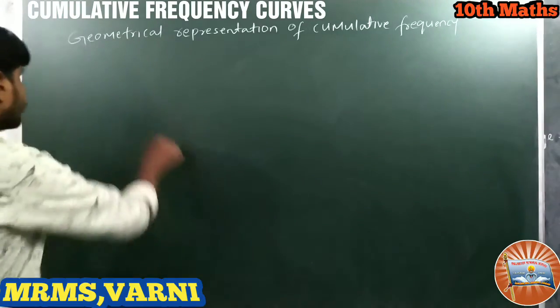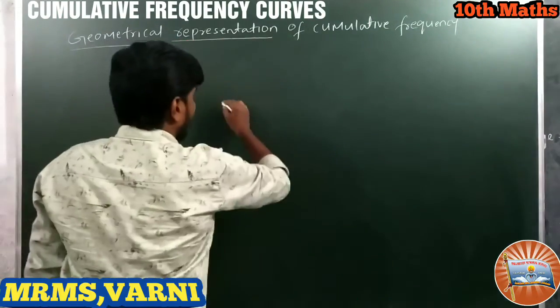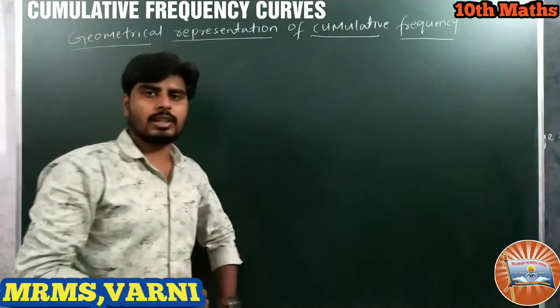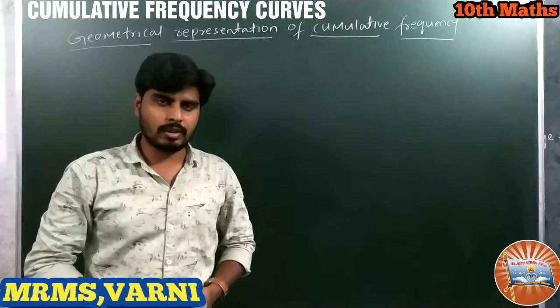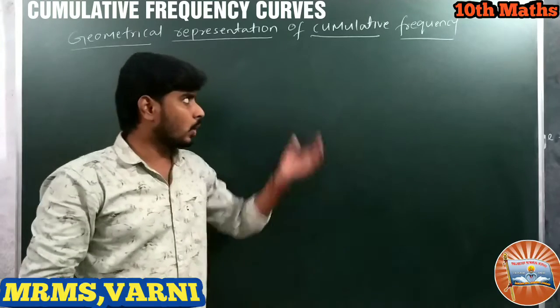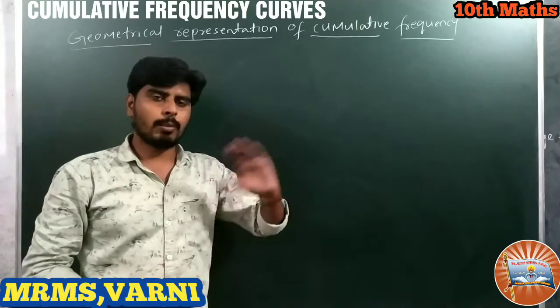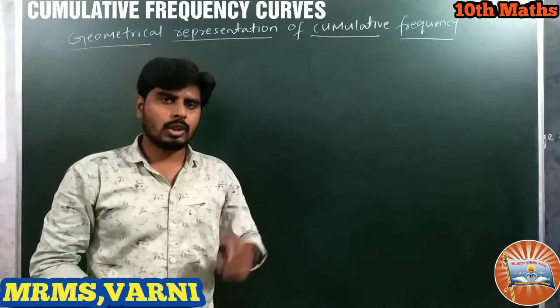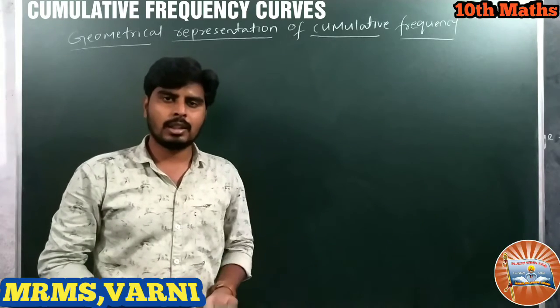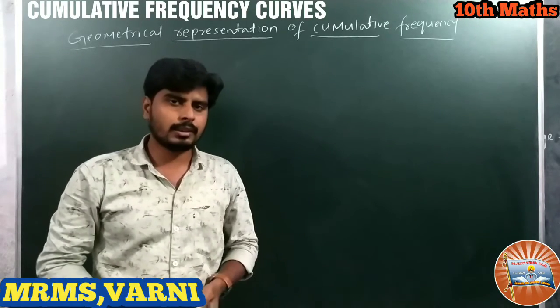So, as we know, cumulative frequency is of two types, less than type cumulative frequency and more than type cumulative frequency. So the geometrical representation is nothing but we plot the graph. The graph is also different for less than type cumulative frequency as well as more than type cumulative frequency, isn't it? Right.